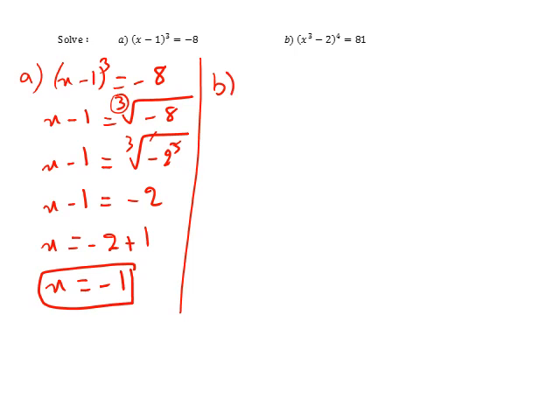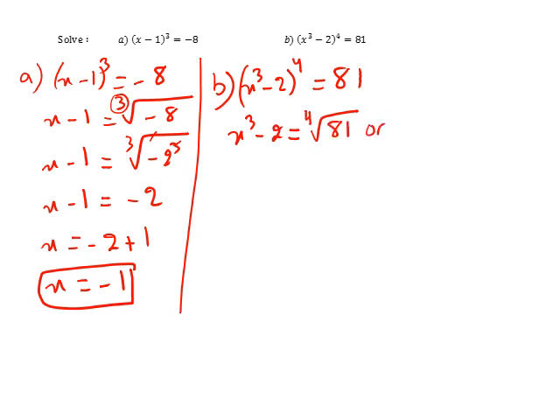Now B, x cubed minus 2 all power 4 equal 81. X cubed minus 2 equal radical 81 index 4 or x cubed minus 2 equal minus radical 81 index 4. Since the index is even, we have two solutions.